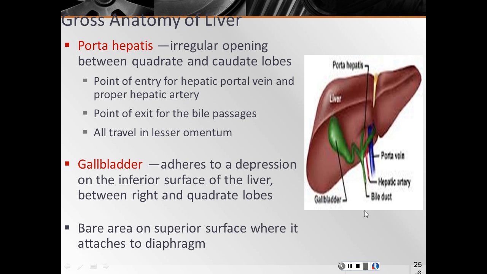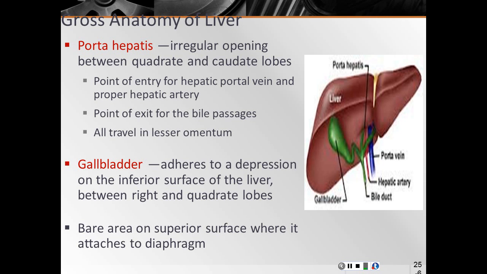Here we go. Here's our hepatic artery, and of course our portal vein. Now the gallbladder, which you see right here in green, adheres to a depression on the inner surface of the liver, and is between the right and the quadrate lobes.